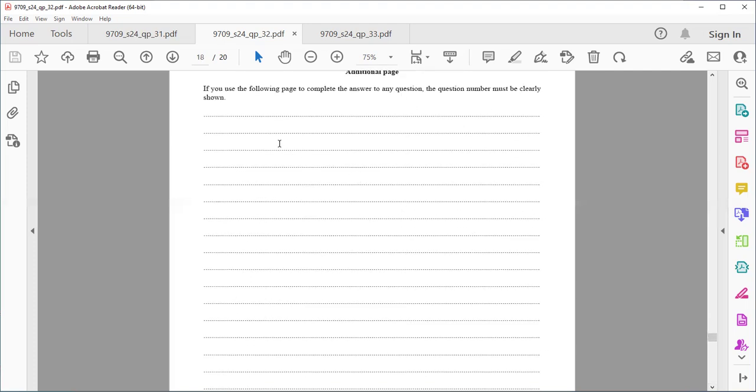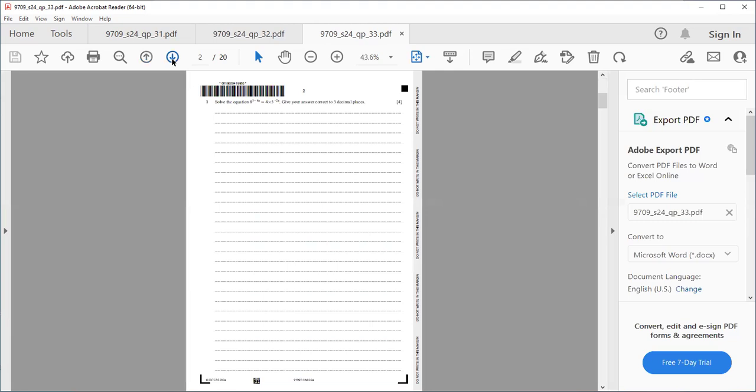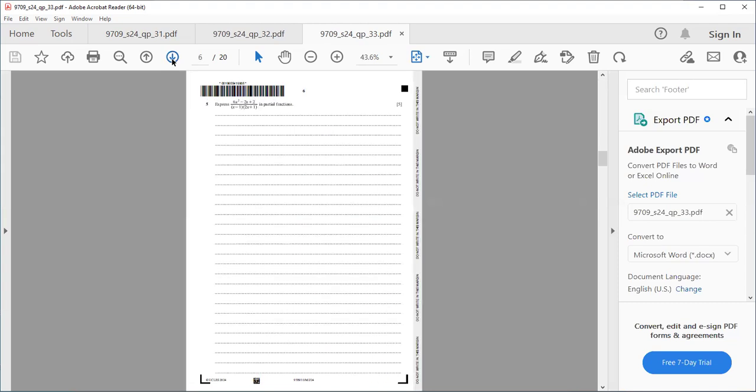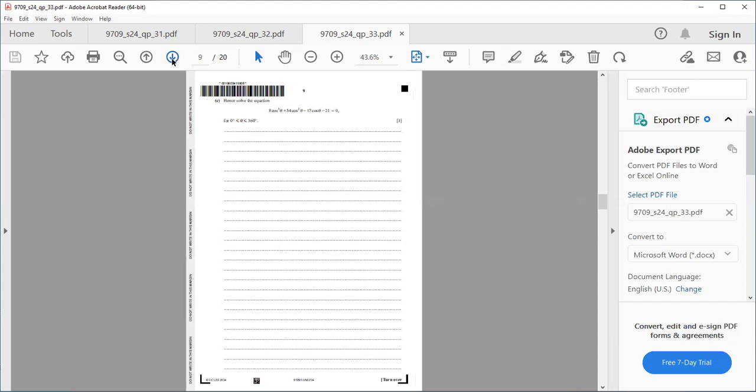No, there is no question. Now I will check the third paper. Logarithmic, differentiation, complex. That's one.